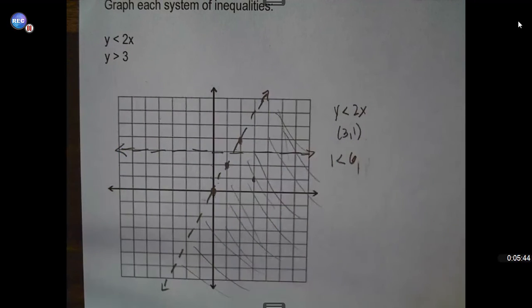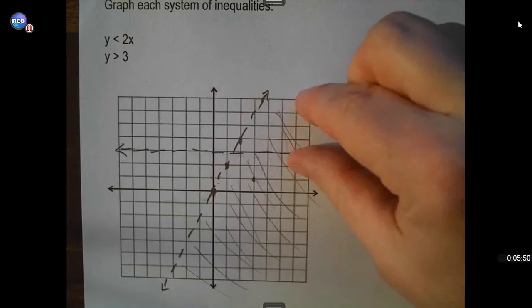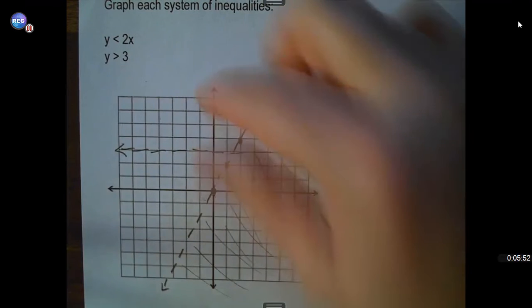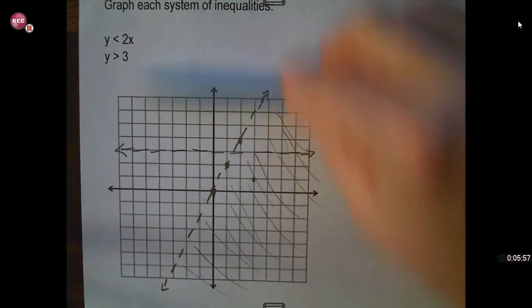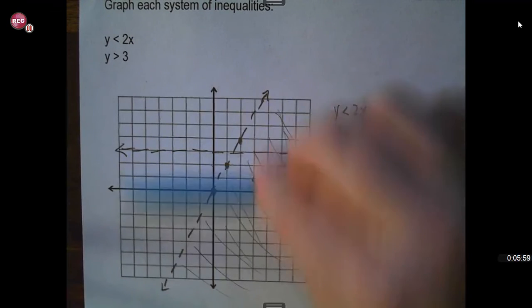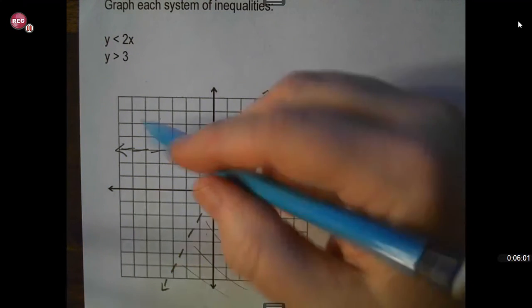Okay. And greater than, we really don't need to plug in a point. Any numbers up here are greater than. These are the greater thans. These are the less thans. So anything from here up is greater than. Anything from here down is less than. So this gets shaded this way.